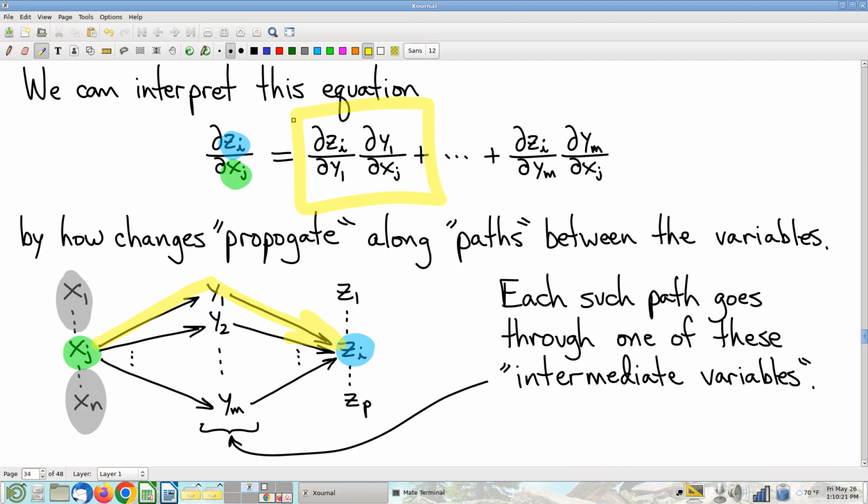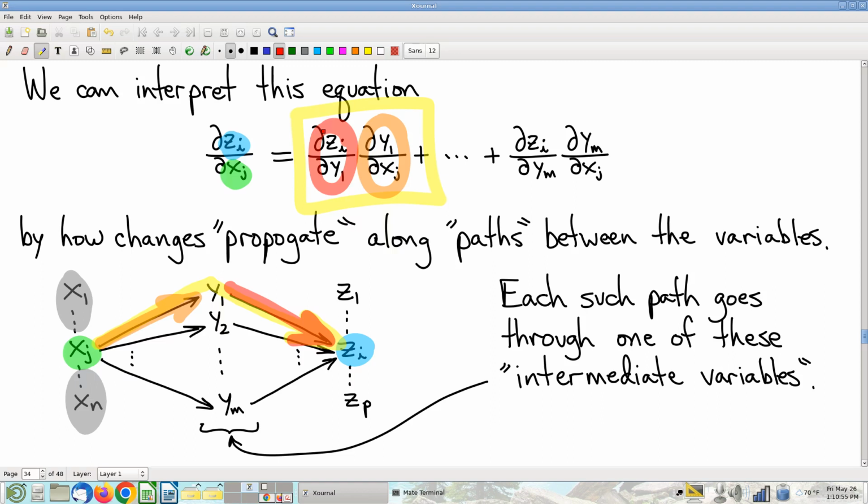And specifically, notice the multiplicative factor between xj and y1. It's that partial derivative. It says when you change xj a little bit, how much does that cause y1 to change? And then this factor here: when you change y1, how much does that contribute to zi changing? That's right here.